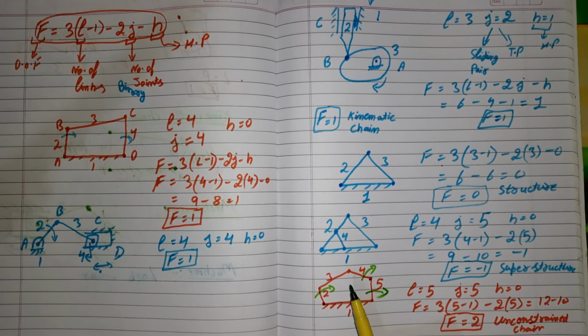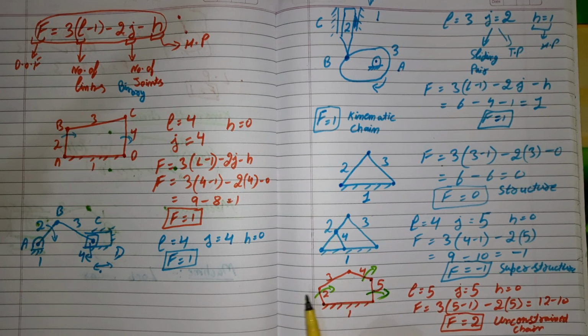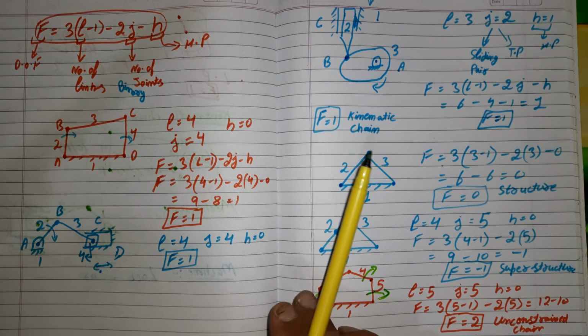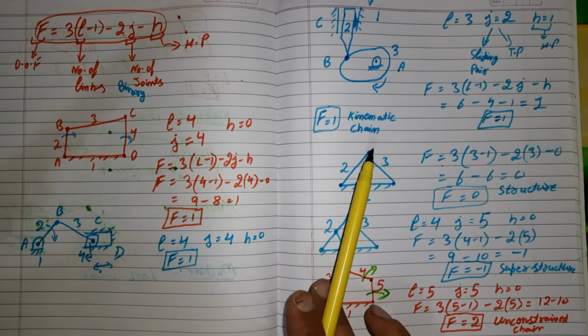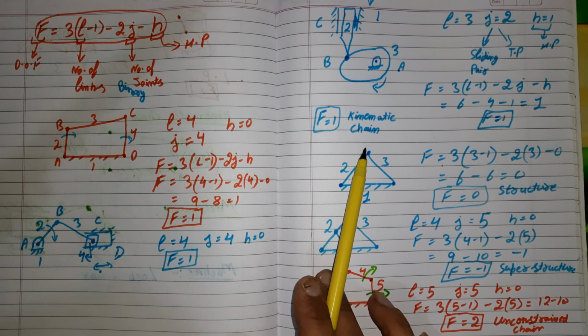Here we have unconstrained, undesired motions, so it forms an unconstrained chain. So it is not a kinematic chain. From here we can conclude one more definition of kinematic chains, and that is, if any chain has degrees of freedom equal to 1, then only it will be considered a kinematic chain.